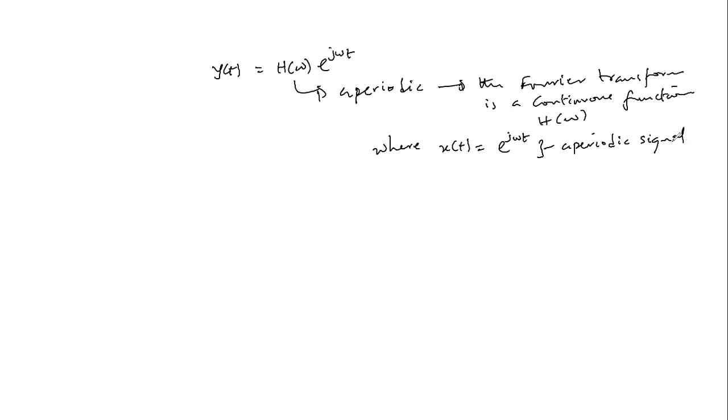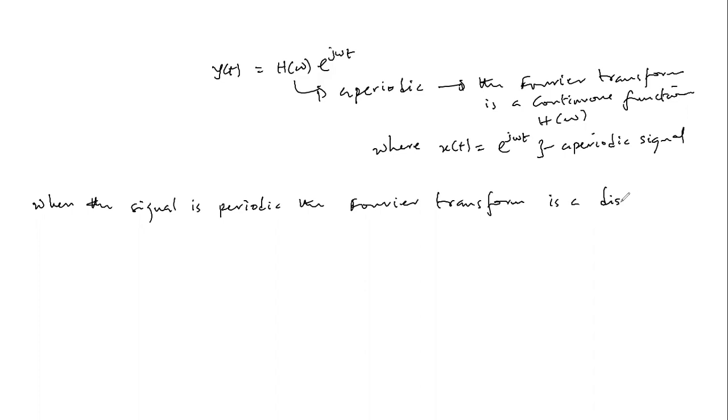But when the signal is periodic, let us take a look at this. When the signal is periodic, the Fourier transform is a discrete function.